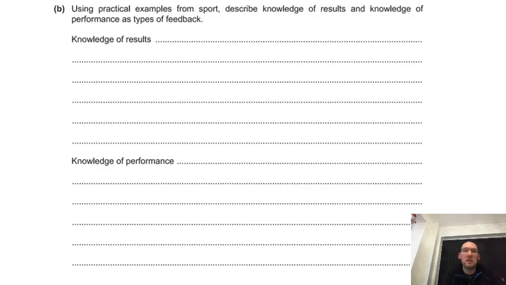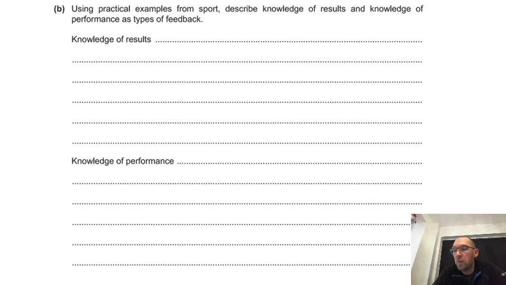B. Using practical examples from sport, describe knowledge of results and knowledge of performance as types of feedback. Those candidates who did not score very well with this question often simply repeated the question in their answer. For example, saying that knowing your result does not describe effectively knowledge of results.